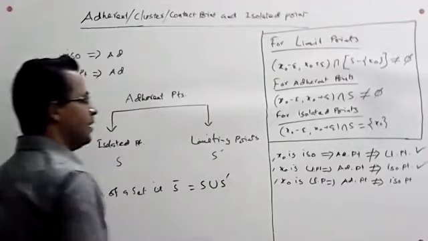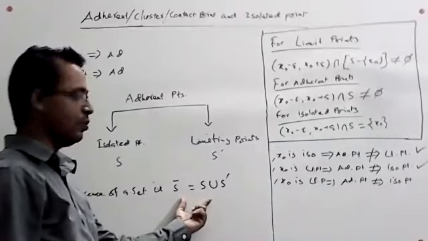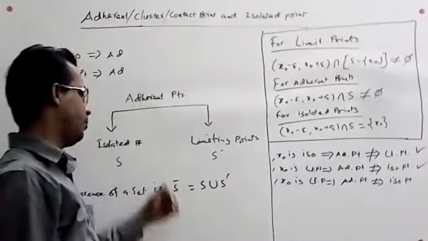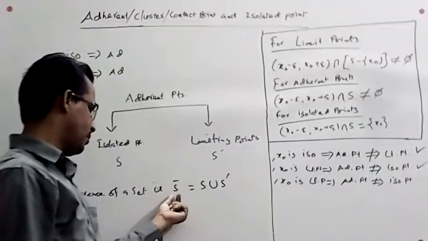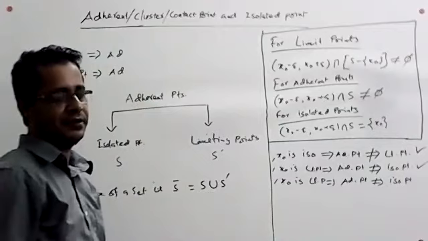This is a very important theorem for limiting points, isolated points, and adherent points. The closure of S equals S union S derived set.